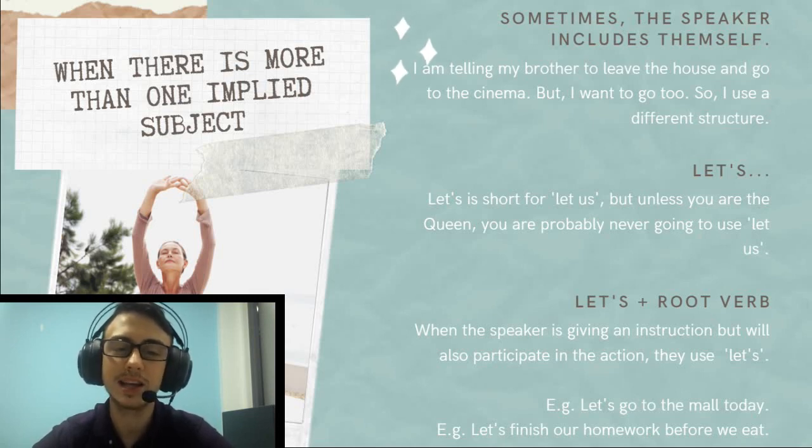So the implied subject is not you, the implied subject is we. So look at this example. I am telling my brother to leave the house and go to the cinema, but I want to go too. So I need to use a different sentence structure.